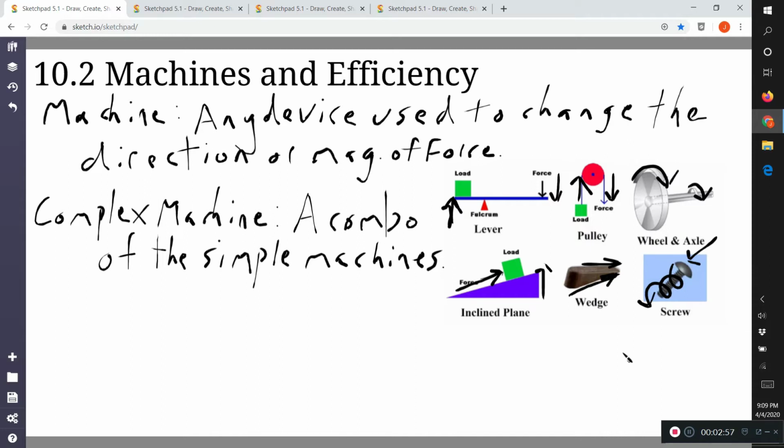So whenever we talk about machines, we always talk about what's going into the machine and what's coming out of the machine. So the effort force is the force the user inputs.